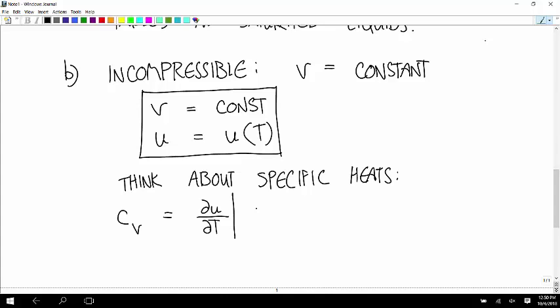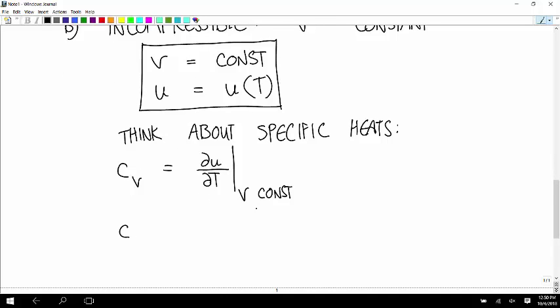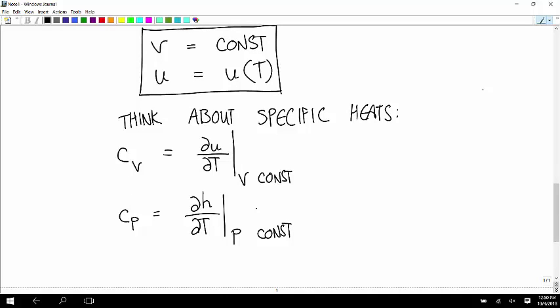And we're doing this with the volume fixed or constant. And Cp is the partial of what with respect to temperature? Enthalpy. And with what fixed? Yeah, the thing I just wrote as I was waiting. Okay, so the subscripts are the variable that's fixed. And now let's think about what this incompressible assumption means for these.